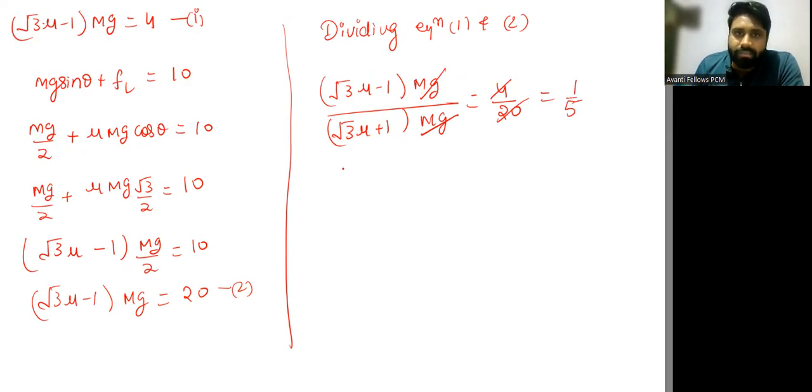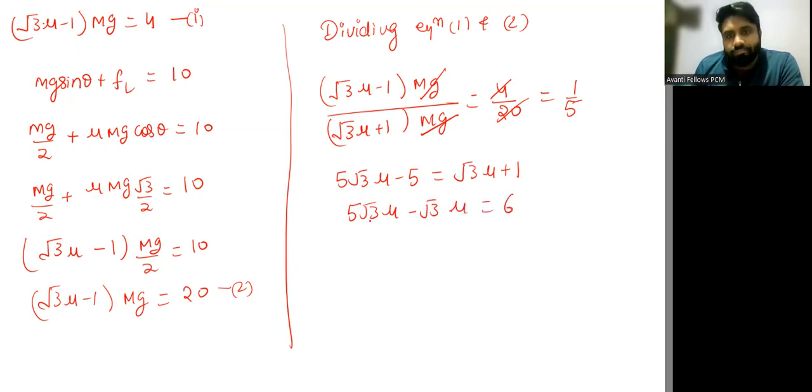Now you will cross multiply. So it is 5 root 3 mu minus 5 is equal to root 3 mu plus 1. Take this 5 to this side and take this root 3 mu to the LHS. So 5 root 3 mu minus root 3 mu is equal to 6.